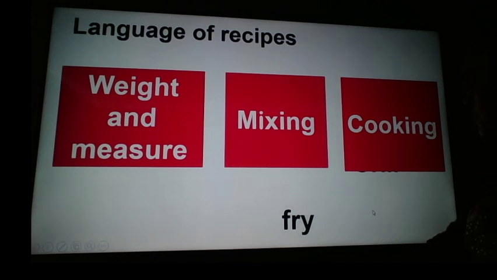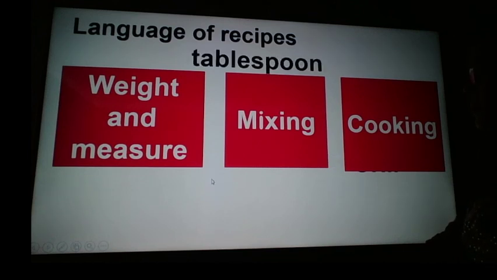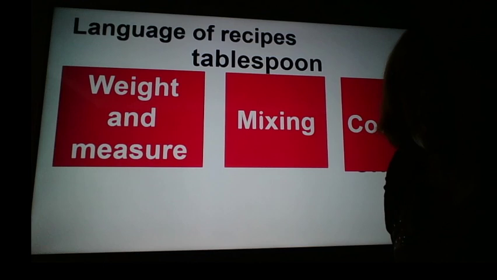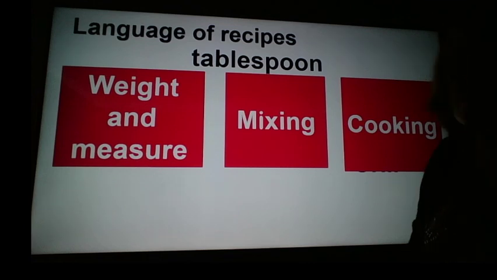No, I think you are cooking something. So that's a cooking word. Tablespoon. This is quite interesting because when we think of weight and measures, we think of kilograms or pounds. Ah, well done. Yes. Thank you, ladies, for saying what you think that is. What do you think about tablespoon?